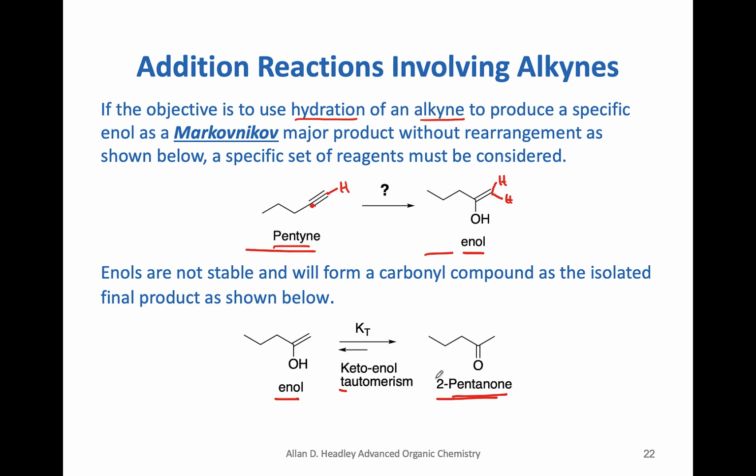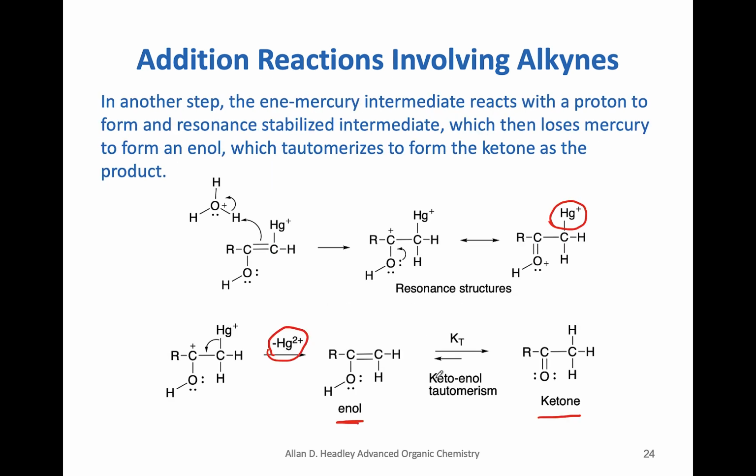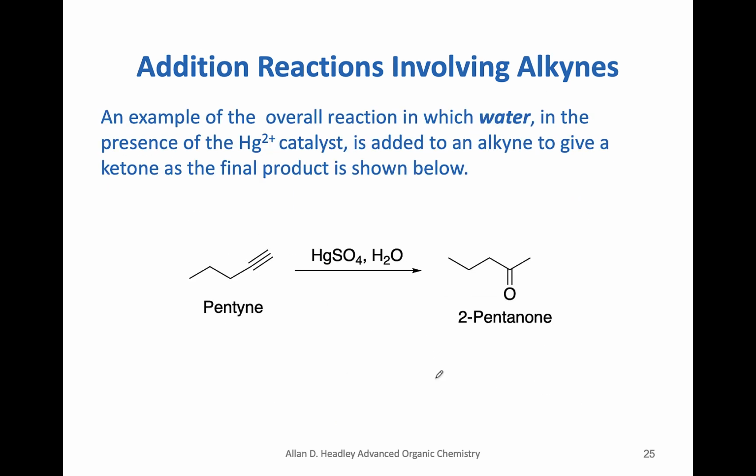That's the Markovnikov sense. Let us look here now at, well, this is an example. So you have here again, this is H. So we have added the OH to this carbon to form the enol, and the enol tautomerizes to give the ketone.